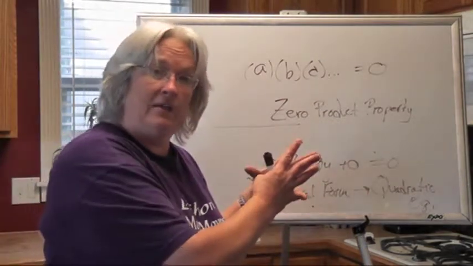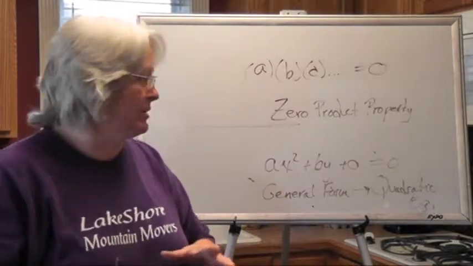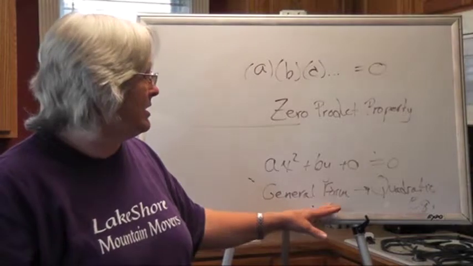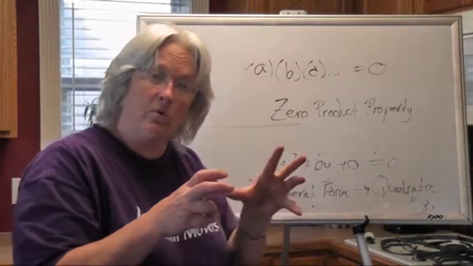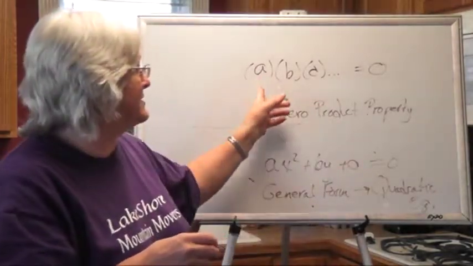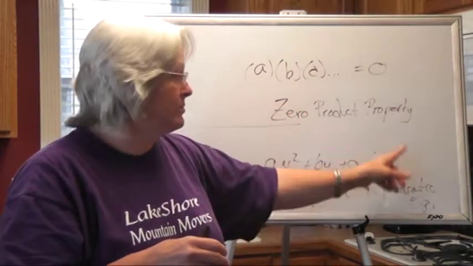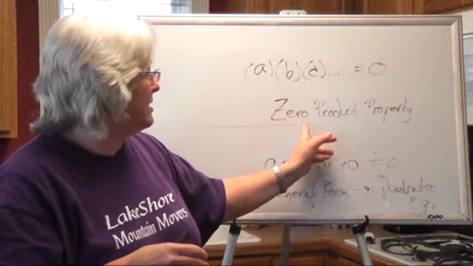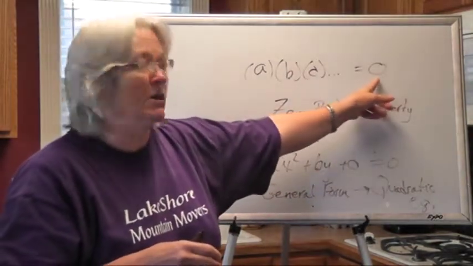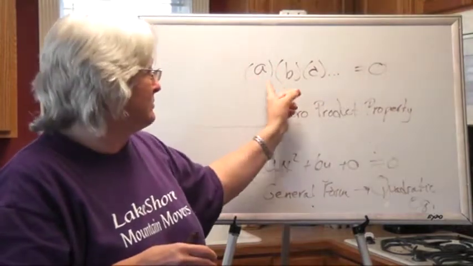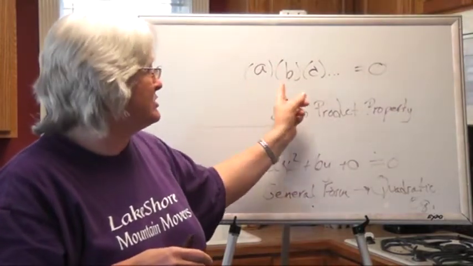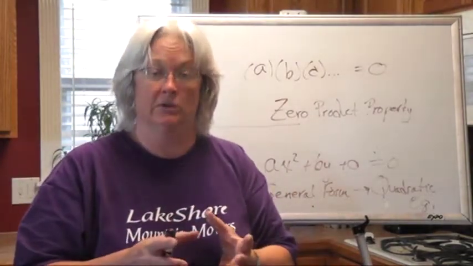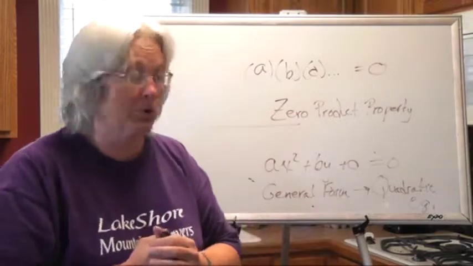When we have an equation set equal to 0, especially a quadratic, and we're able to break it apart into a set of factors, then we can use this principle that our product is going to be 0 as long as one of our factors is 0. Then we set each one of these factors individually equal to 0, and we come up with the solution to our problem.